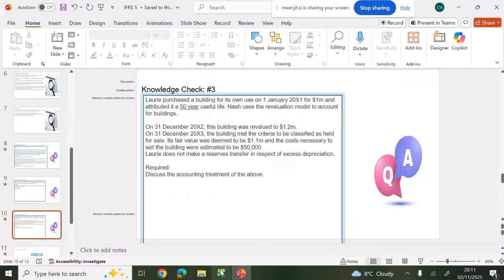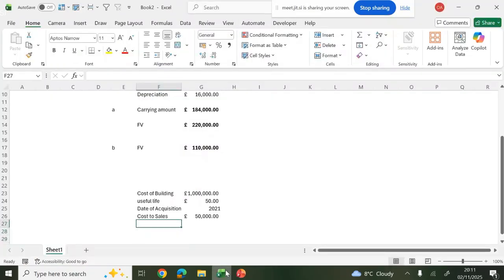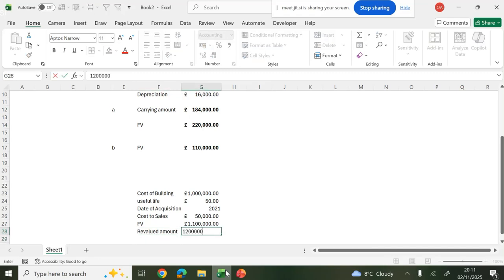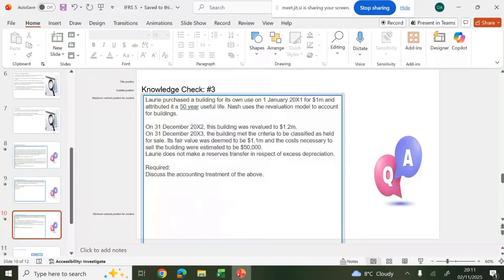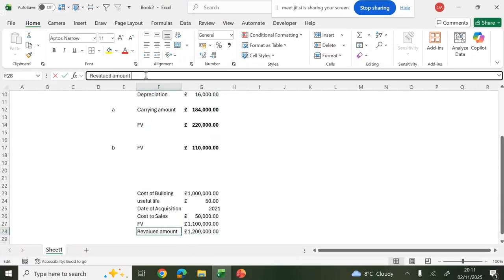Fair value is 1.1, if I'm correct. Revalued amount is 1.2, revalued in 2022, right?